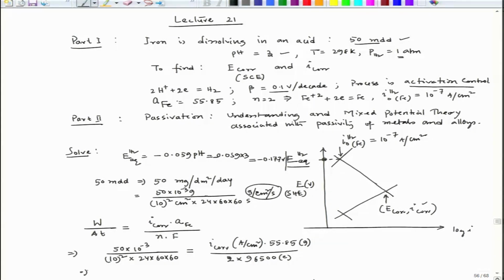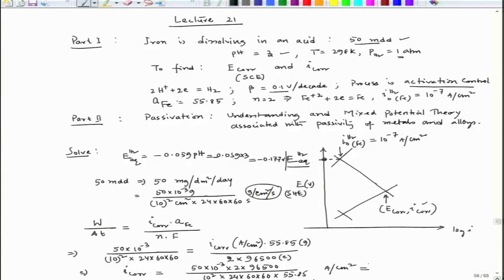So, I can find out I core equal to 50 into 10 to the power minus 3 into 2 into 96500 divided by 10 square into 60 into 60 into 55.85 ampere per centimeter square.